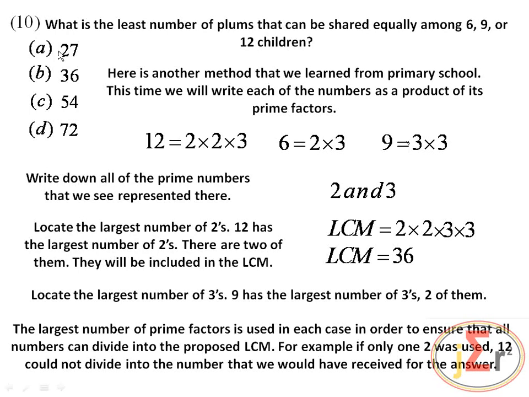So if we use only one 2, then we will have what? 2 times 3 times 3, and that would have been 18. And we know that 12 cannot divide into 18. Therefore, in each case, we need to use the largest number of prime factors that are present.